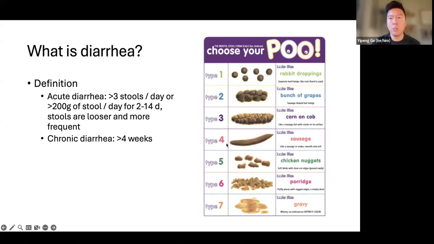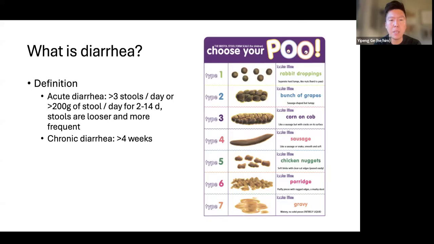I thought it would be good to start off with a definition of what diarrhea is. Patients might come in with varying ideas of what loose stool or diarrhea might be. I don't commonly think of the definition, but here it is.